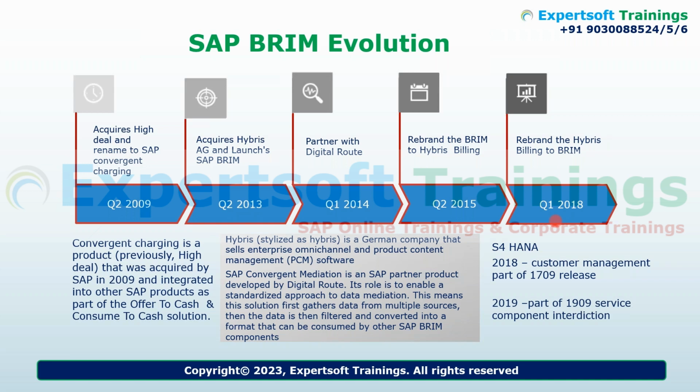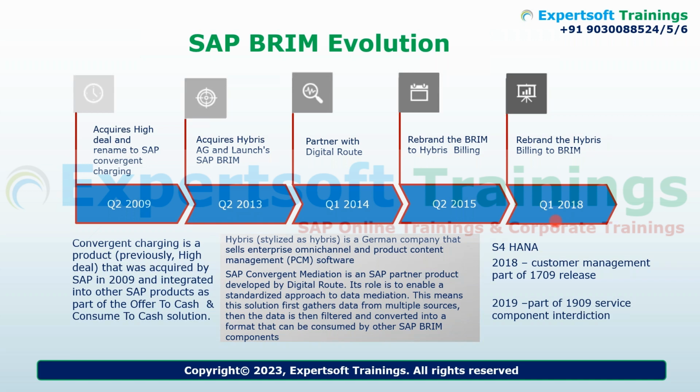It was well known in the industry, and they wanted to retain the name. Before 2013 it was called BRIM; from 2013 to 2018 it was called Hybrid Billing; and from 2018 onwards they rebranded back to BRIM. So this whole journey started from 2009.